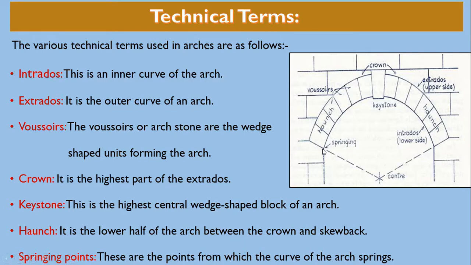So this point is called the springing point, from which the curve or the arch springs, and this is called the haunch. This portion, the faced curve given to the abutment to support, is called the skew back. In the next terms we shall discuss it.